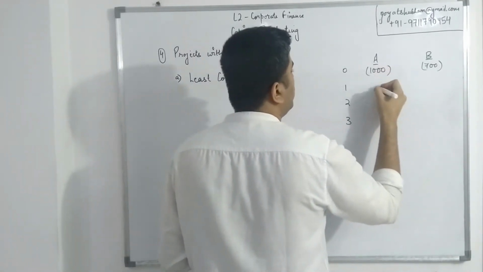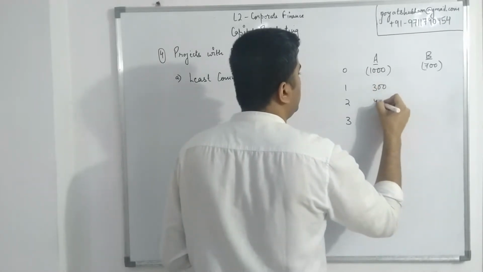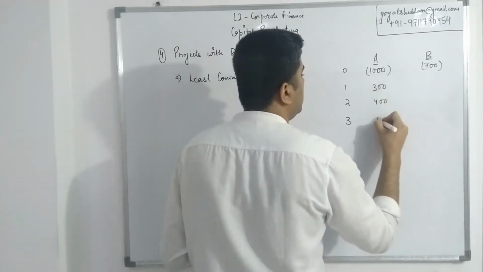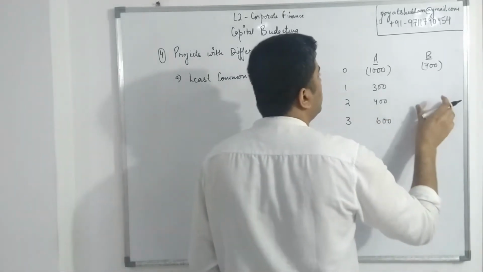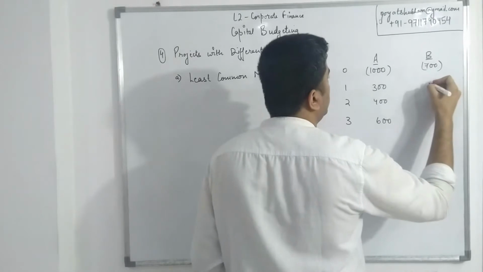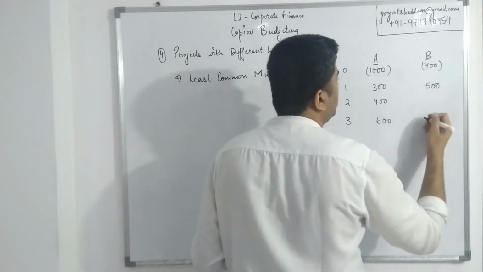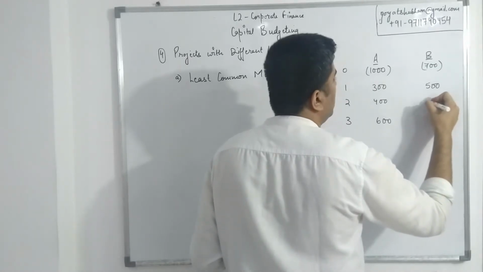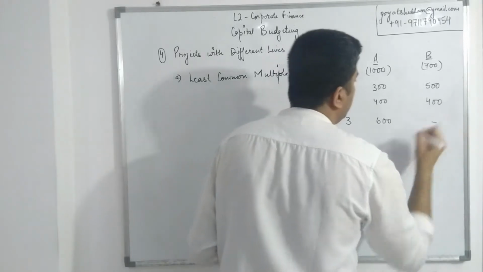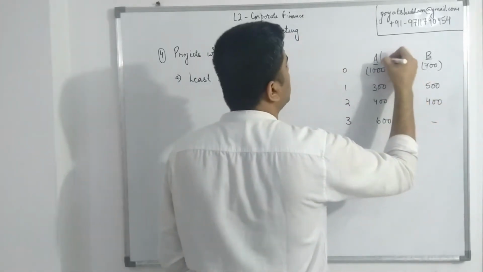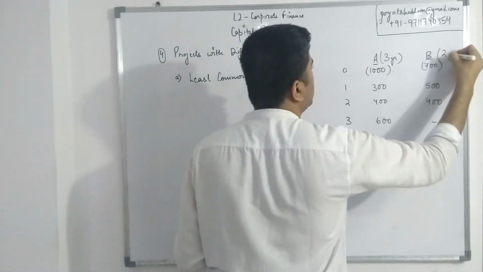Project A would give you cash flows of 300, 400, and 600. And project B will give you a return of 500 and 400. That's it. So project B is for 2 years and project A is for 3 years.